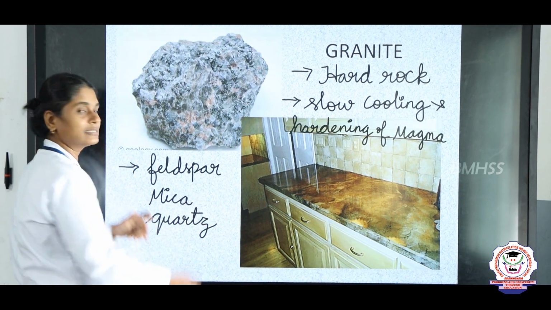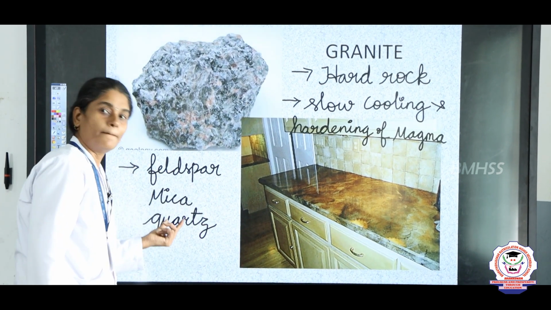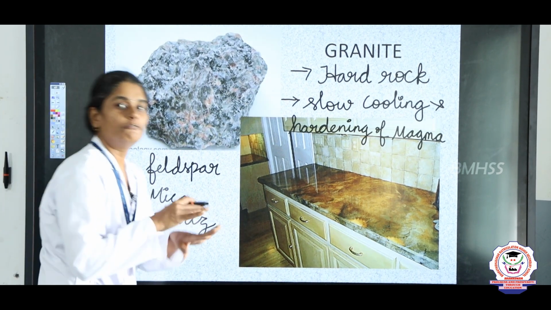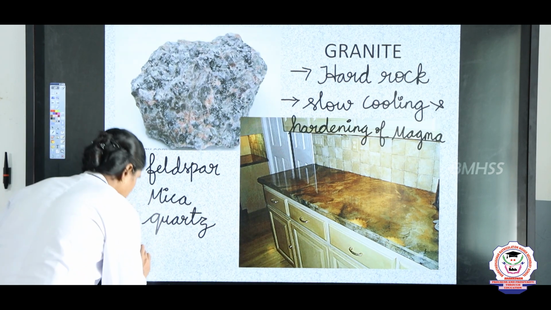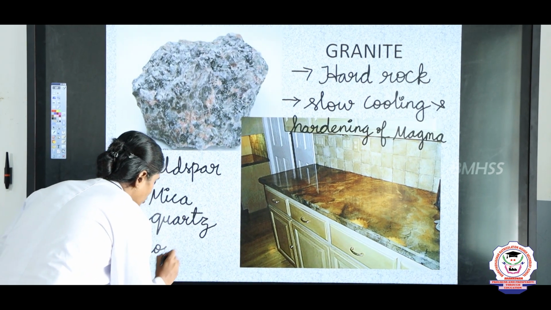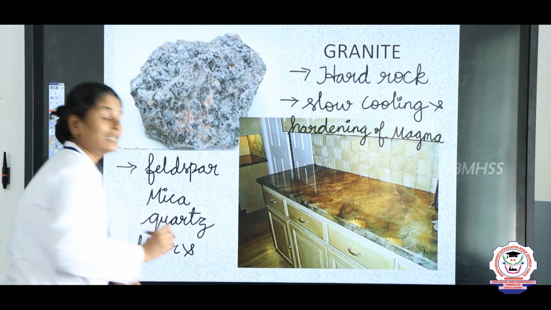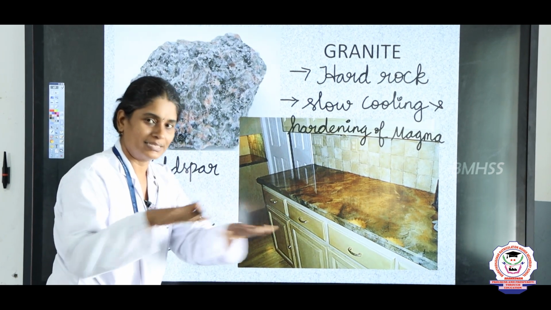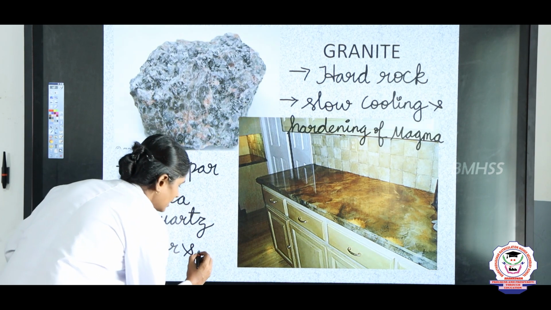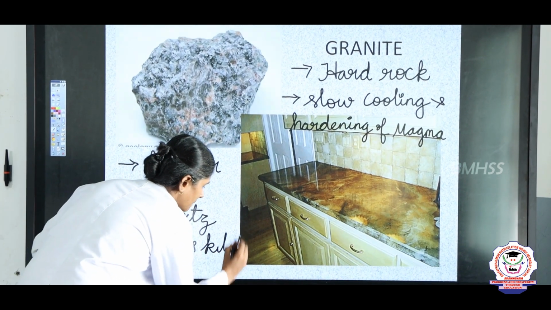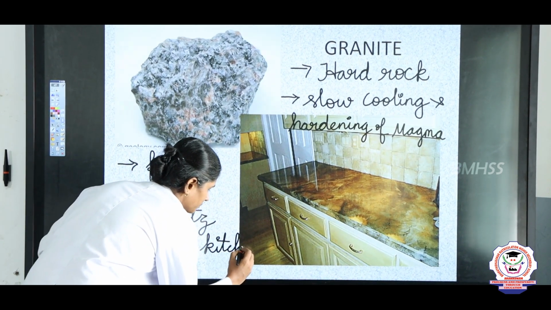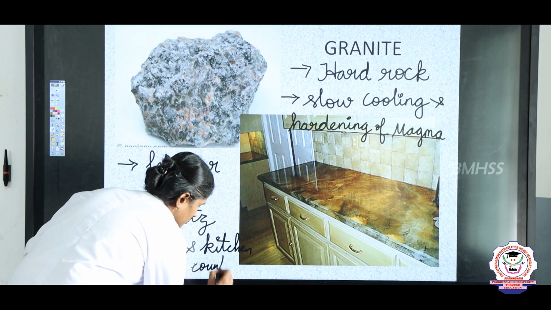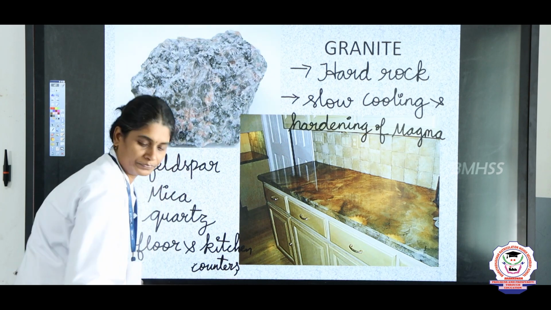So it contains some minerals like feldspar, mica and quartz, and this granite is used as a floor, right? At home it is used as a floor, and also it is used in the kitchen counters as a base, right? So it is used in the kitchen floors, kitchen counters.